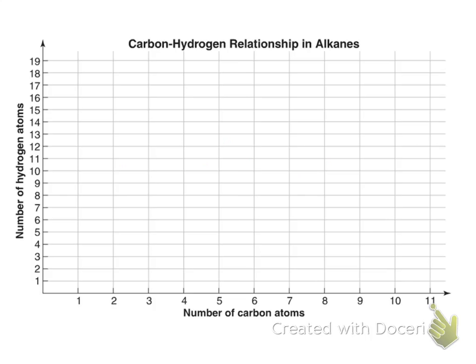Number 7. On the following grid, create a graph that shows the ordered pairs and the linear model.